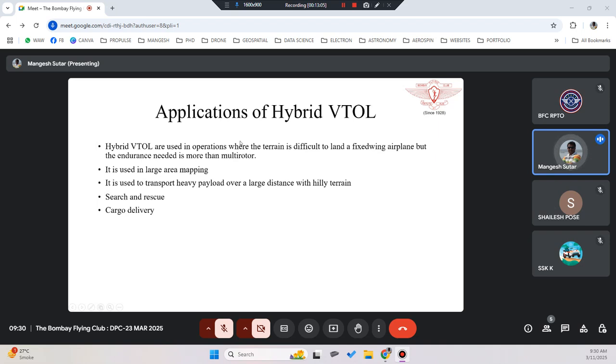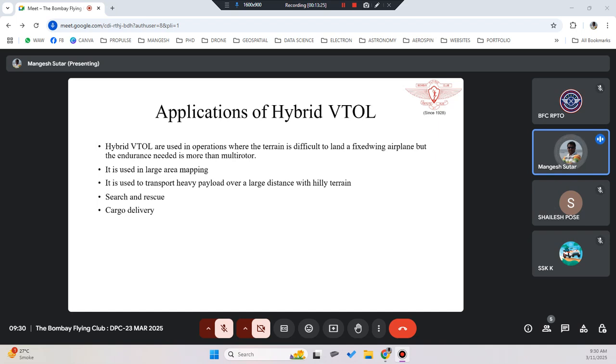So what are the applications of hybrid VTOLs? The hybrid VTOLs are used in operations where the terrain is difficult to land a fixed wing airplane, but the endurance needed is more than a multi-rotor. When the terrain is difficult, it means you can't have a runway, or you can't have a location where you can take off or land.